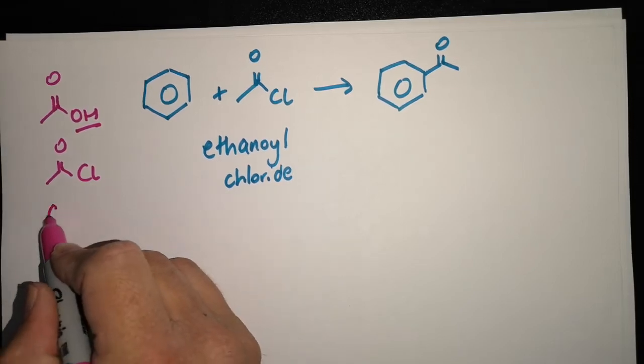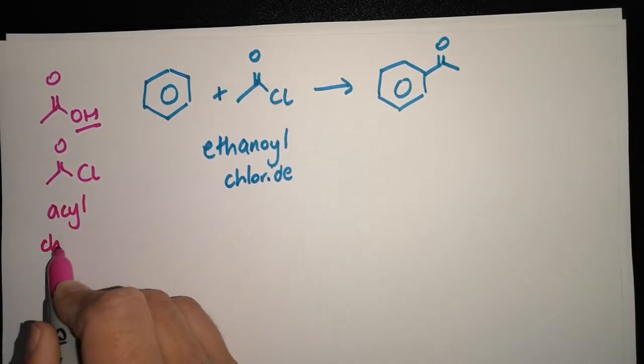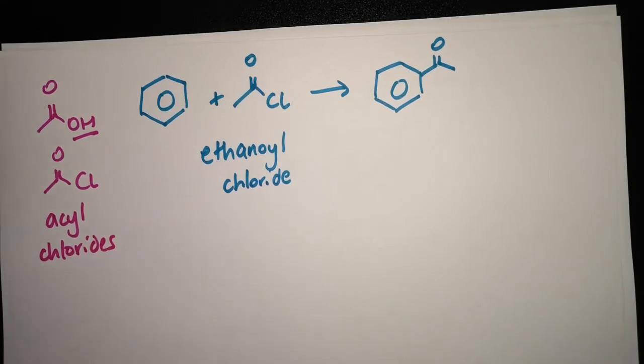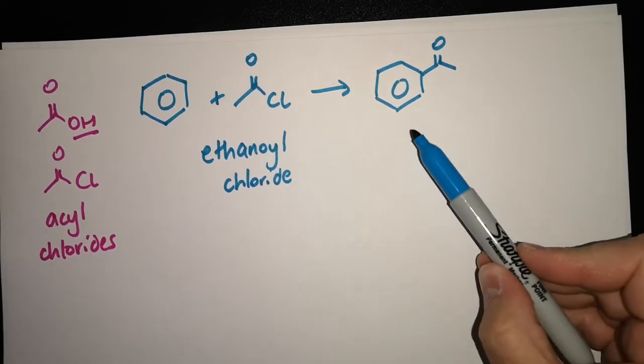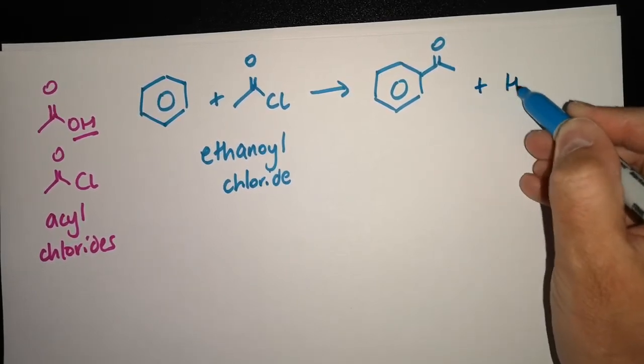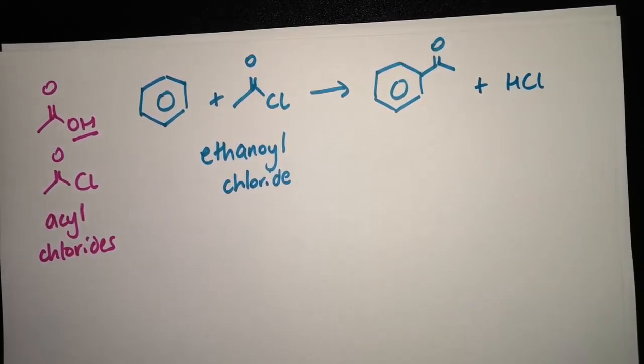The general name for them are acyl chlorides, and they're not just used for reactions with aromatics. You'll see them several times. This is called ethanoyl chloride. So that would form my phenylethanone, and it would also create an HCl.